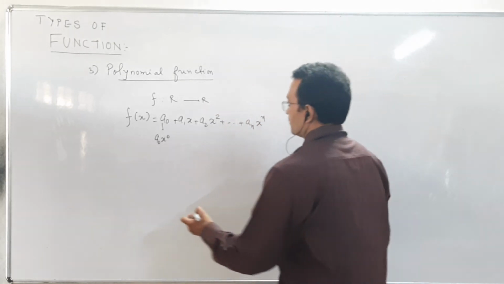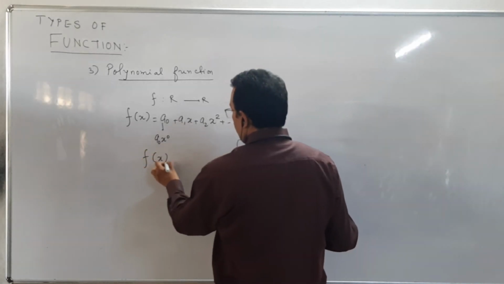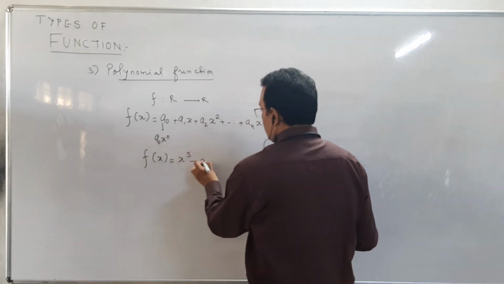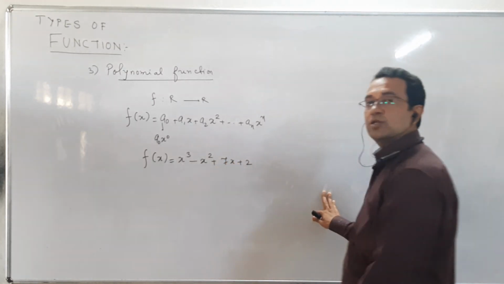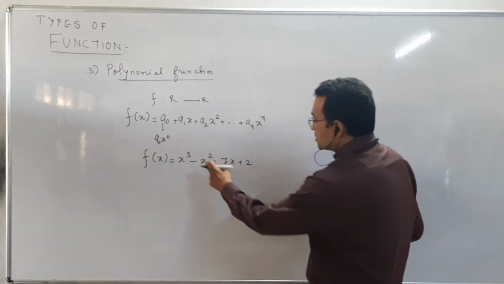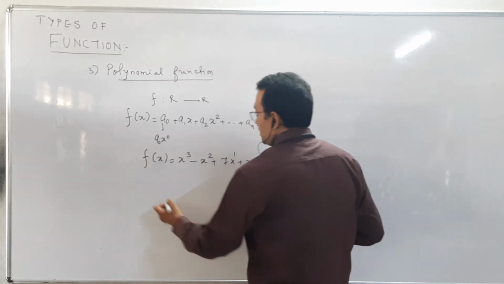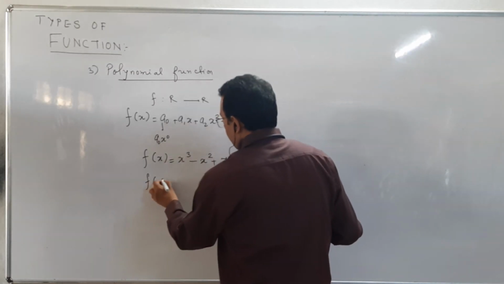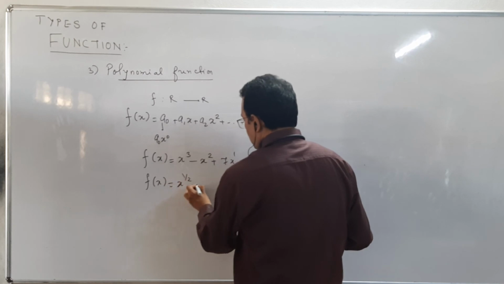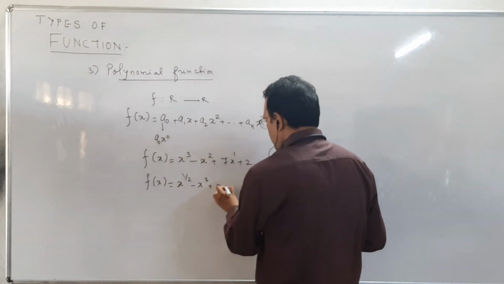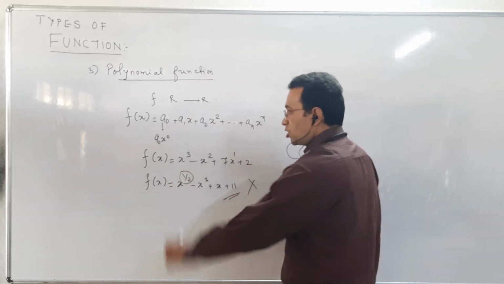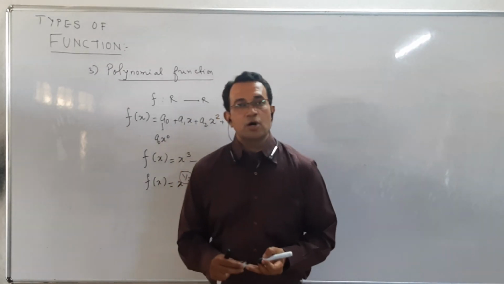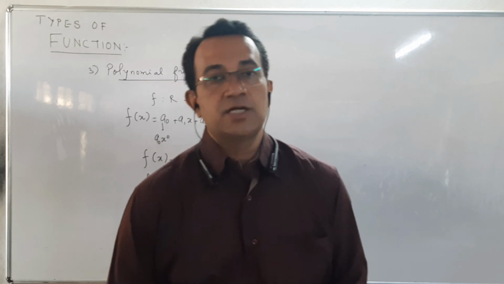Say for example, I write f of x is equal to x cubed minus x squared plus 7x plus 2. This is a polynomial function because powers are positive integers. But if I write f of x is equal to x raised to 1 by 2 minus x cubed plus x plus 11, this is not a polynomial function because 1 by 2 is not an integer.